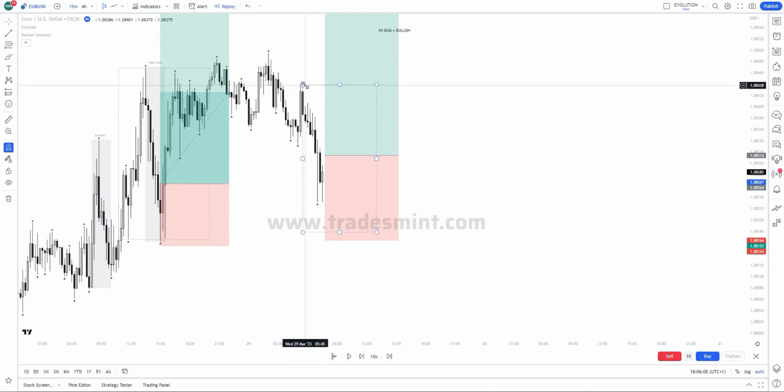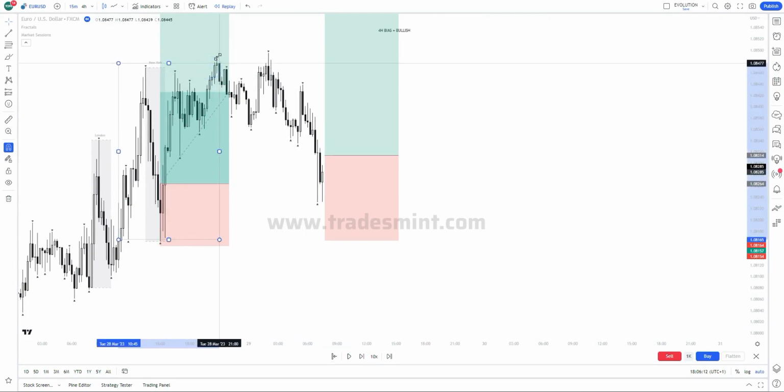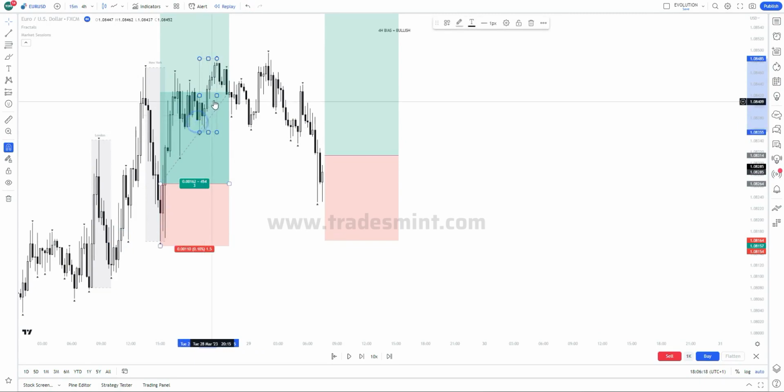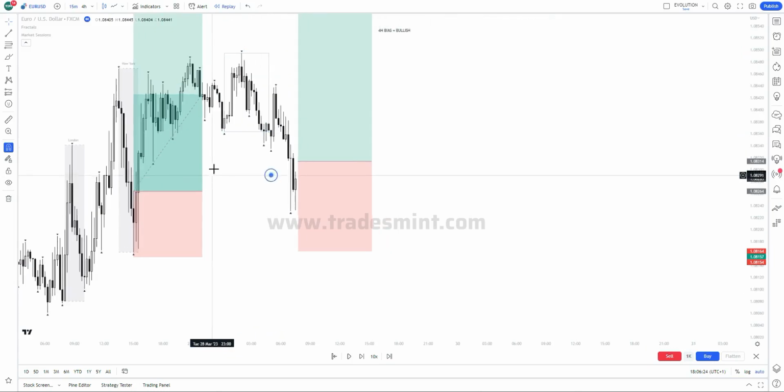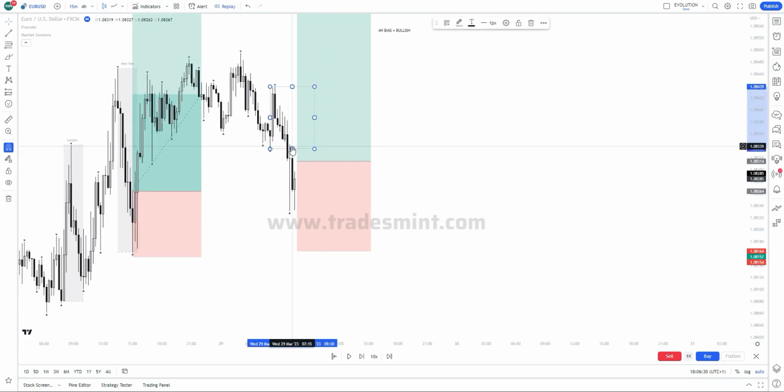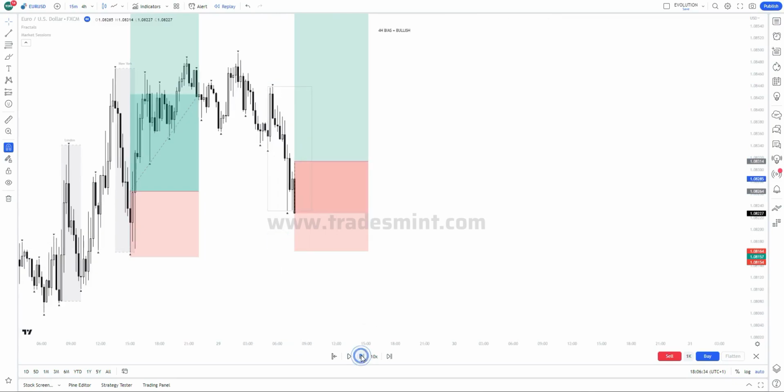So we can delete that. We can adjust our range here. Move it to the most recent low. High goes. Low goes. There we go. A low forms here, just inside session.